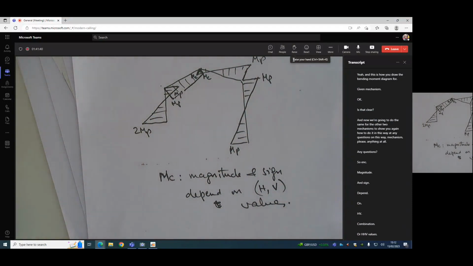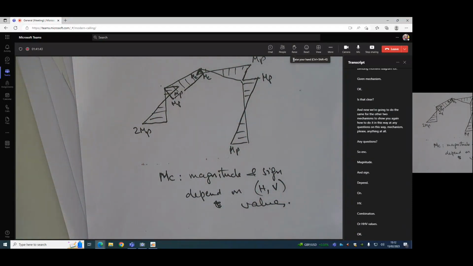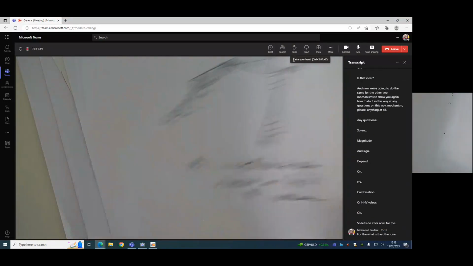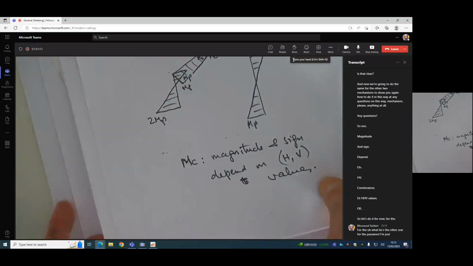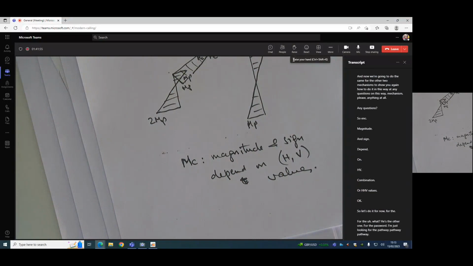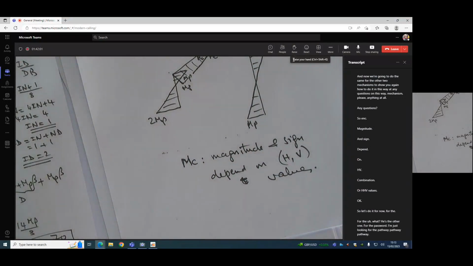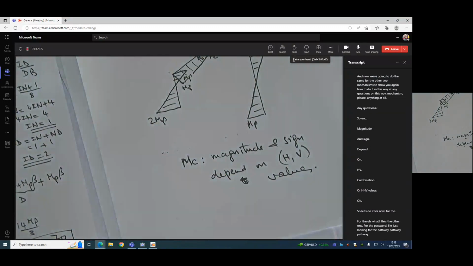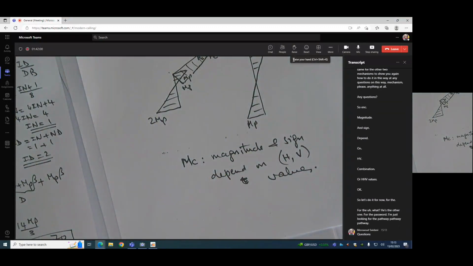Okay. So let's do it for now for the what is the other one? For the pathway. I'm just looking for the pathway. Pathway. Questions? Anything at all? Any questions?